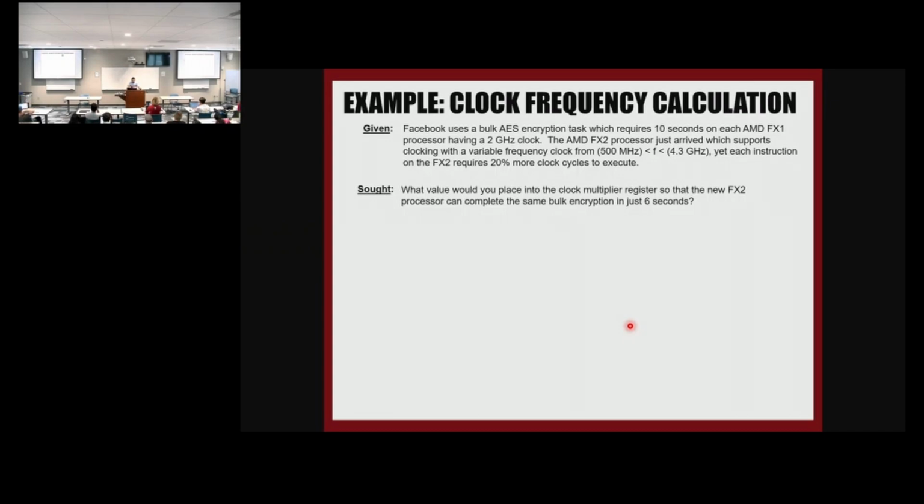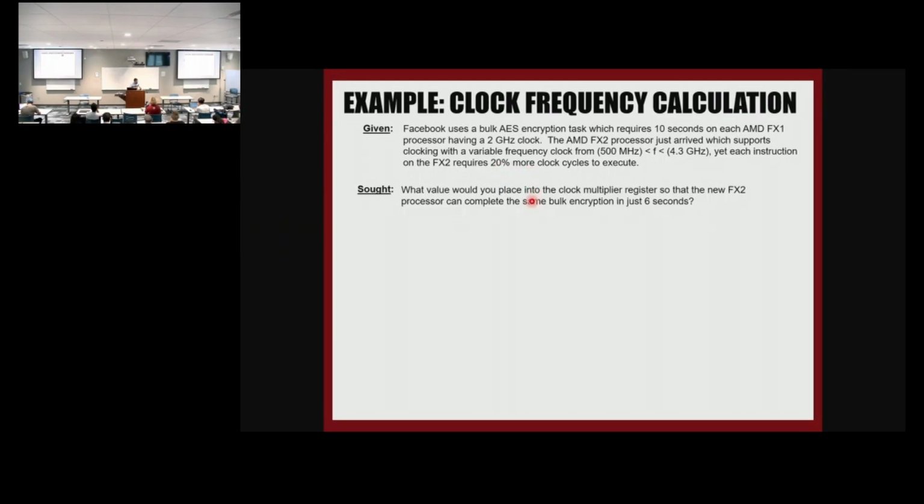And then we have the AMD FX2 processor that supports clock frequencies between 500 megahertz and 4.3 gigahertz. But it needs 20% more instructions to finish the same task.